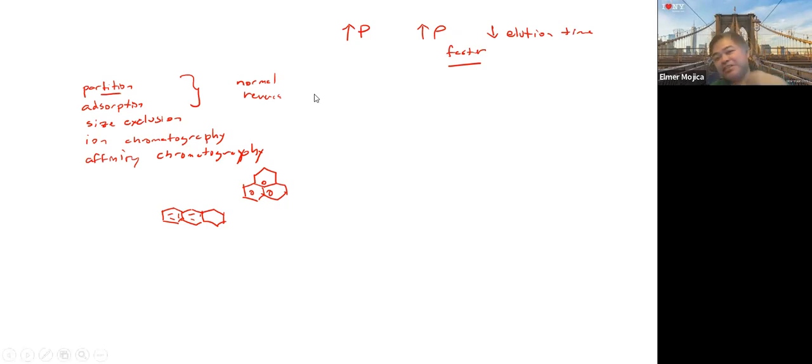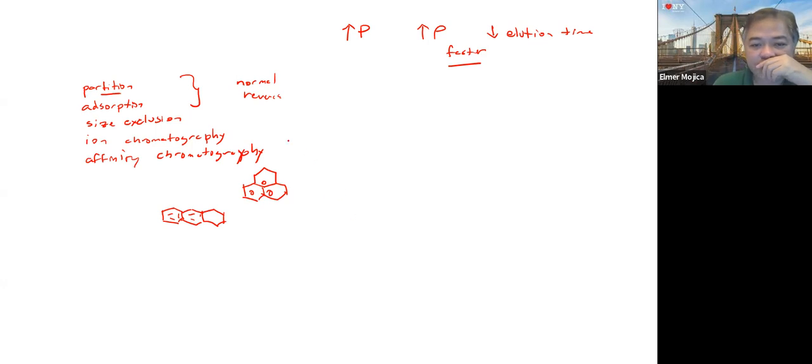And that's the principle that they have in the so-called micro, what we call pressure. So they added increased pressure to make the run faster. It's just you're pushing the liquid at a much faster elution time. Okay.